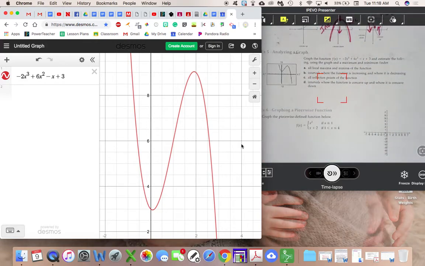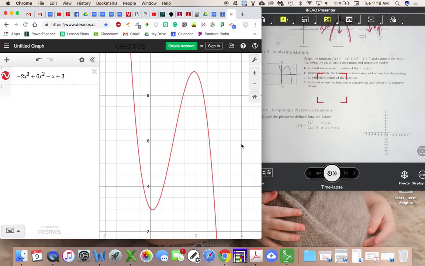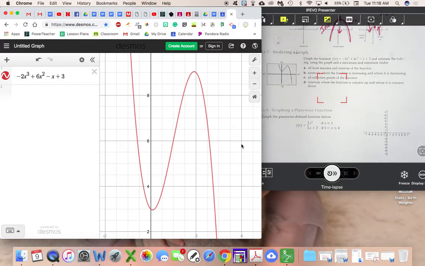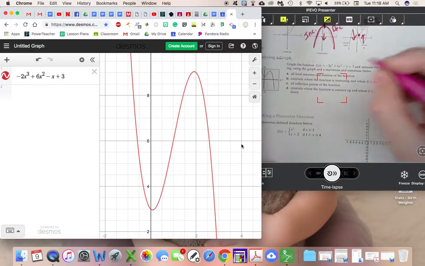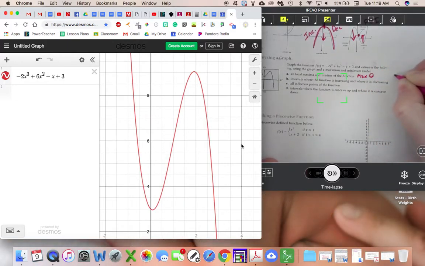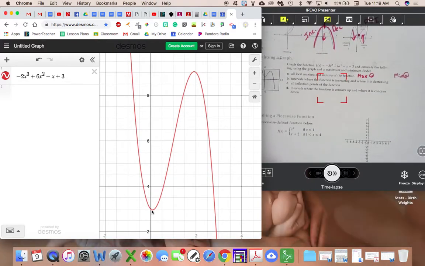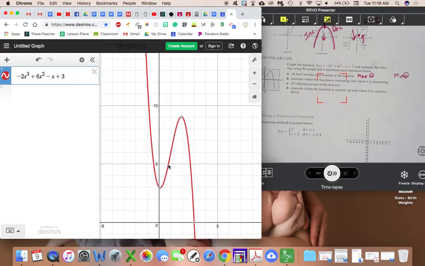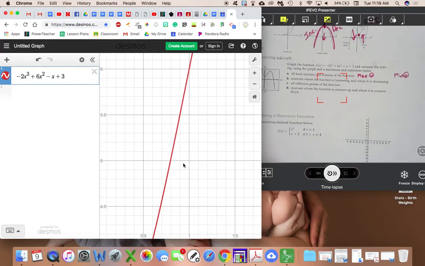Okay, A, they want us to know the max and min. How many maxes and how many mins do we have? One max, one min, okay? And we will put them max at, min at. My min is down here, and Desmos does this really nicely for me.